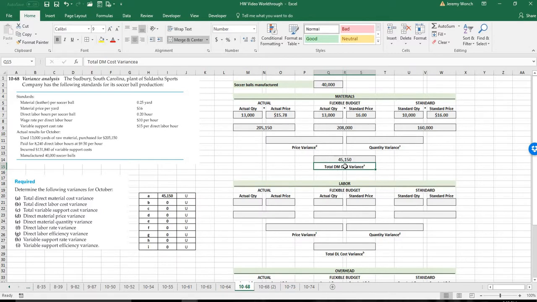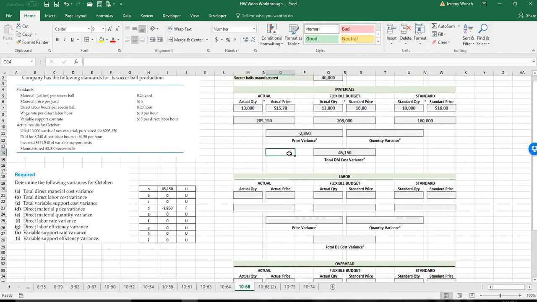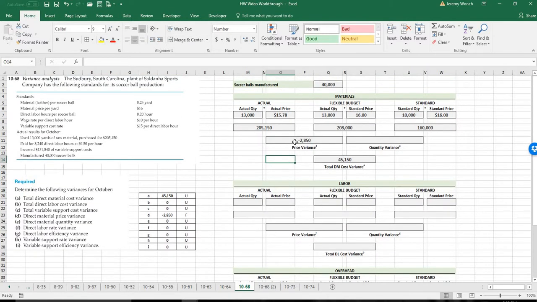So what we want to do is separate this $45,000 between the price variance and the quantity variance. The price variance is just going to be this 205 minus the 208, because we use the exact same quantity, 13,000, in each, but a different price. So out of that 45,150, we actually got a better deal than we anticipated, because we paid $15.78 when we planned on paying $16.